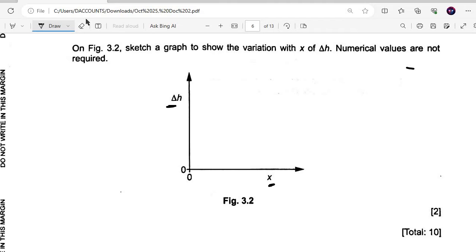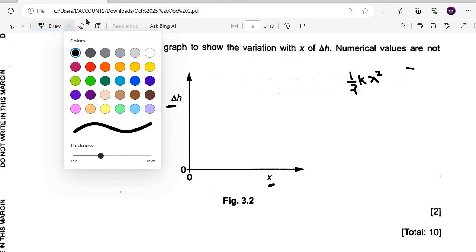For the spring, this is what we're going to use: minus half kx squared. The minus is there because the compression is released, showing that it opposes the initial compression.